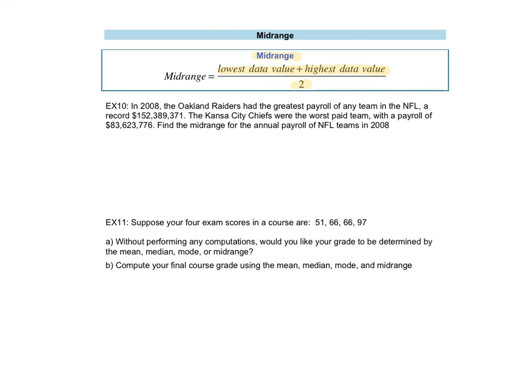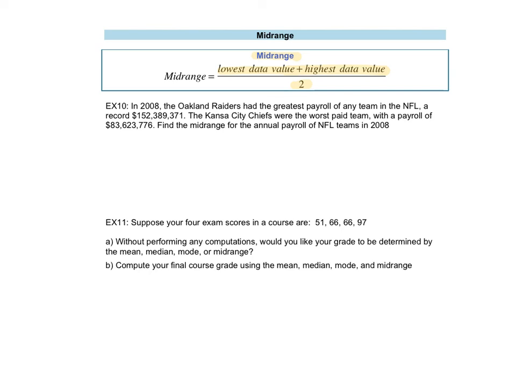In example 10, 2008, the Oakland Raiders had the greatest payroll of any team in the NFL. The payroll was roughly 152 million. The Kansas City Chiefs were the worst paid team, and their payroll was about 83 million. So we're going to find the mid-range.